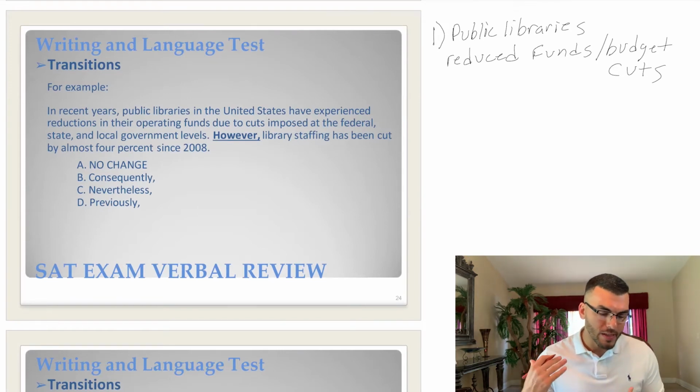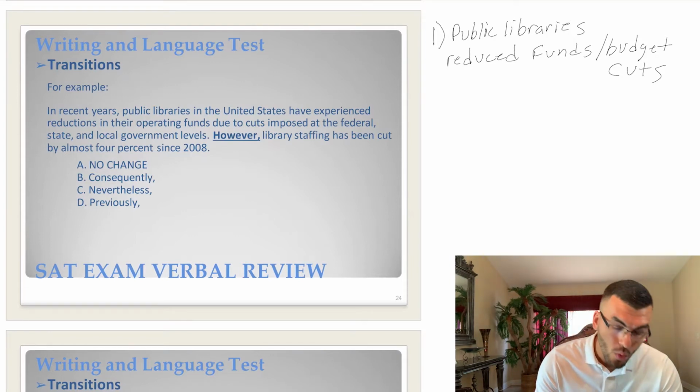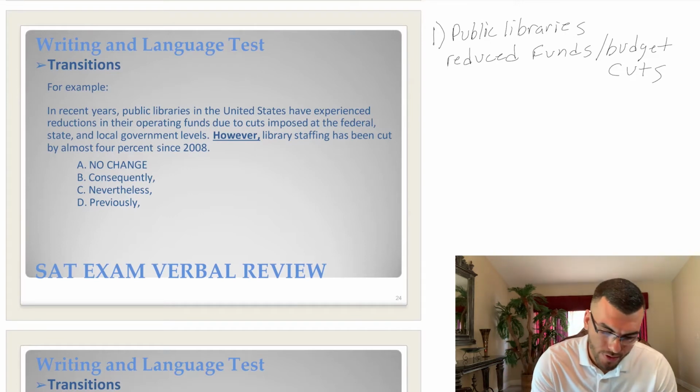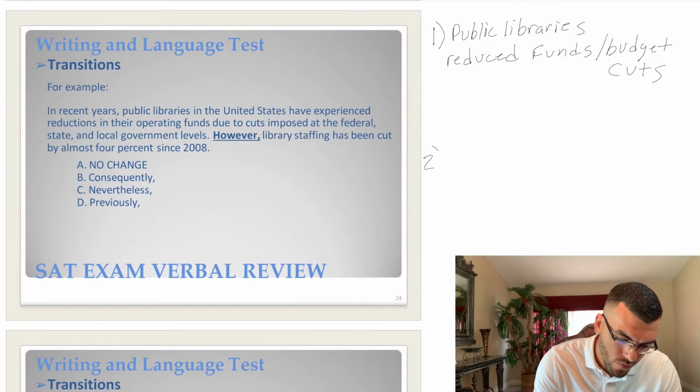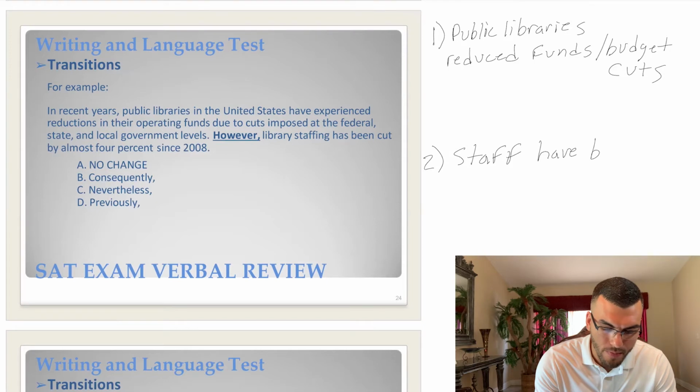Public libraries, they've experienced reductions due to cuts imposed at the governmental levels. Okay, that's the first idea. What's the idea after the transition word? Library staffing has been cut. Staff have been cut.